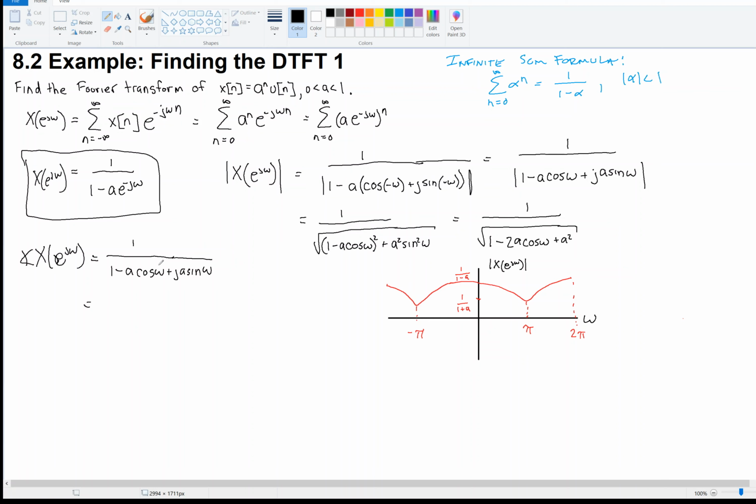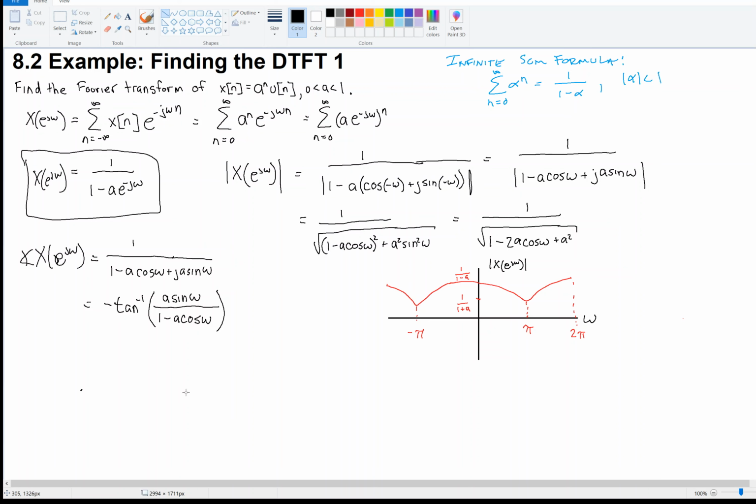So this was after we applied Euler's formula, and then the phase of the numerator is 0, so I'm just not even going to write it, and then minus the phase of the denominator, and the phase of the denominator is the inverse tangent of the imaginary part over the real part. So that's a sine of omega divided by 1 minus a cosine of omega, like that. And so this is the phase, and we'll just make a quick plot of that.